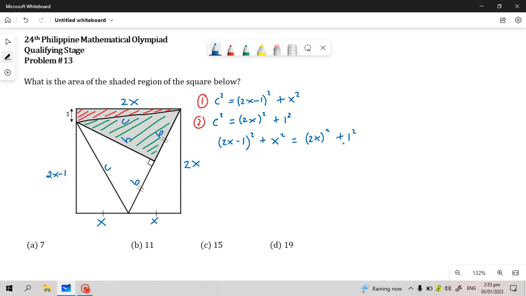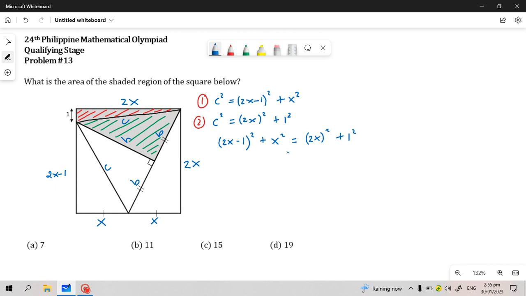And now we will solve for x. Once we solve for x, we can easily find the area of the red triangle. And then after that we'll take care of the area of the green triangle.